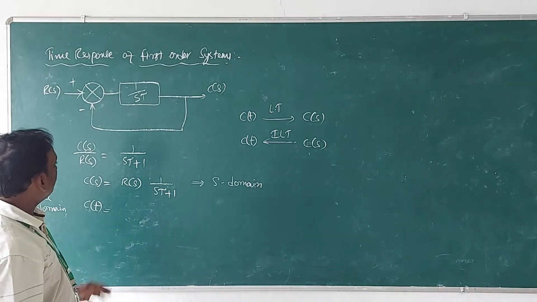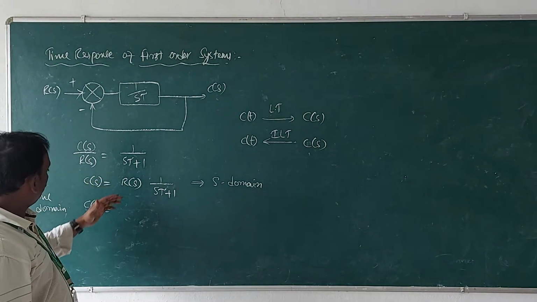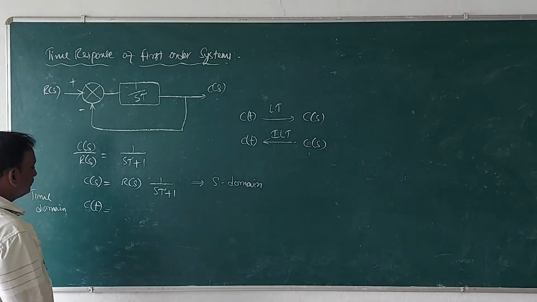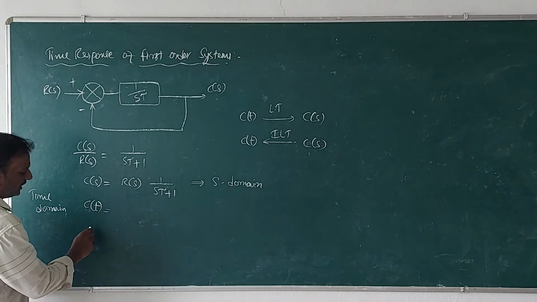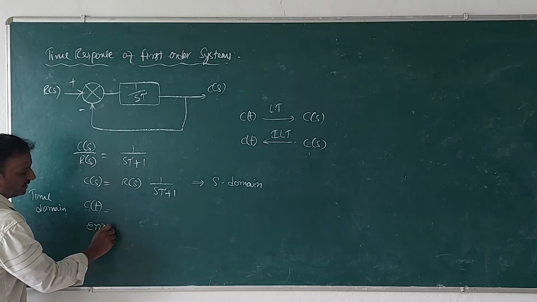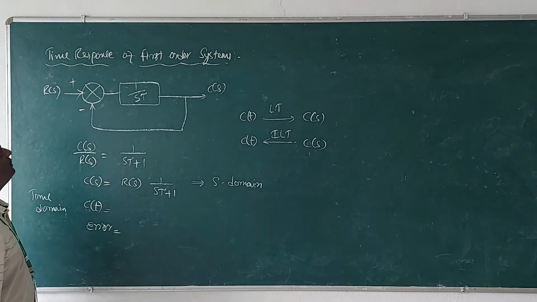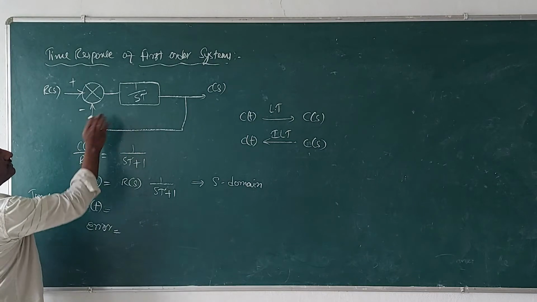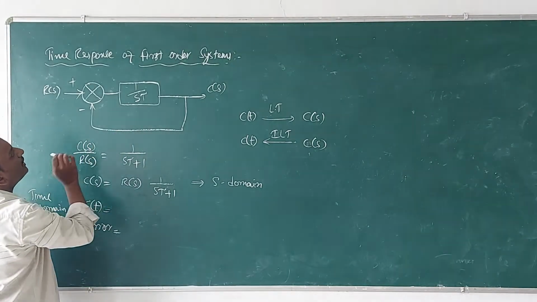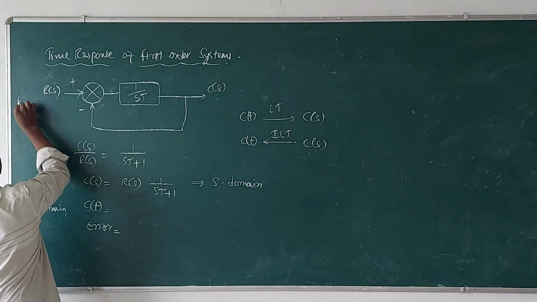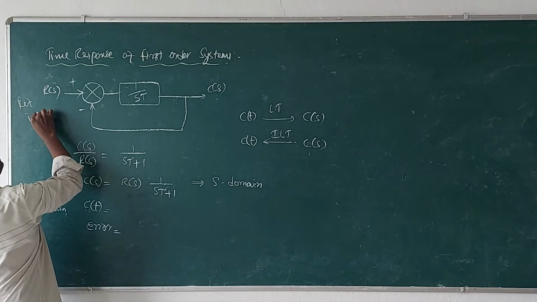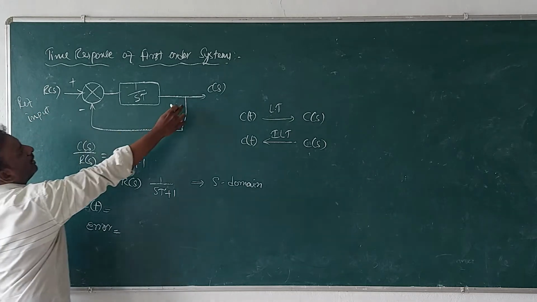After knowing this C of t, I want to know what is the error value. So how to determine the error? Where is the error in this block diagram? Here this is the reference input, and here the output is there.